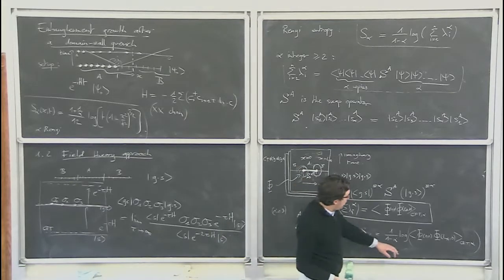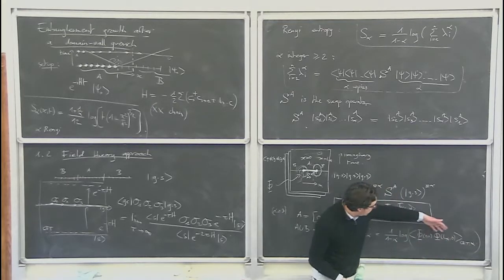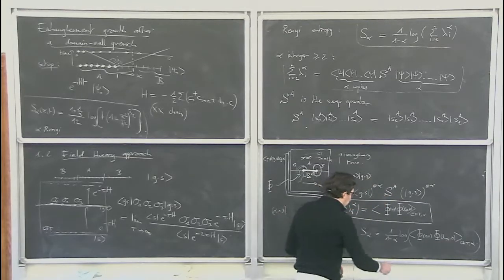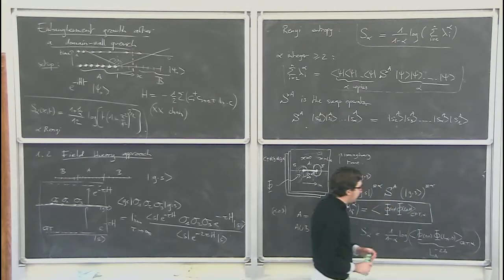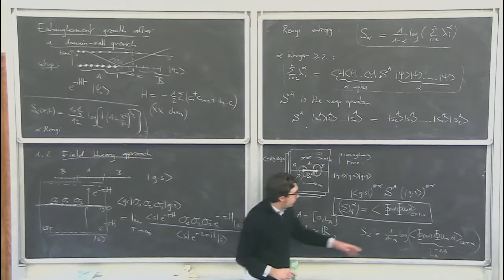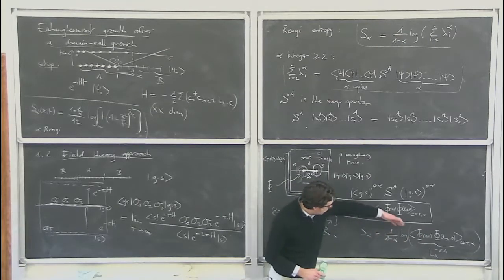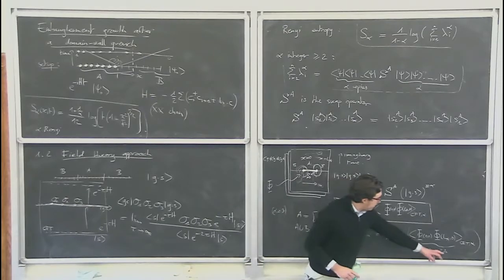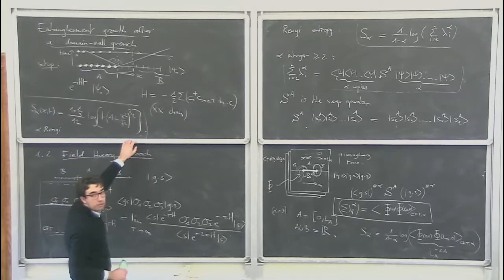Because of scale invariance, this has to go as LA to some power, since LA is the only scale that we have here. So this has to go as LA to the minus 2 delta, where delta is the scaling dimension of the operator phi. And so this gives us, as a result, that the Rényi entropy goes as log L with a prefactor related to the scaling dimension of this operator phi. Okay? So the only thing we need, yes?